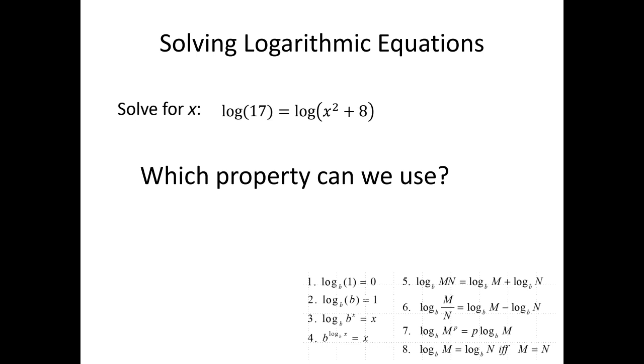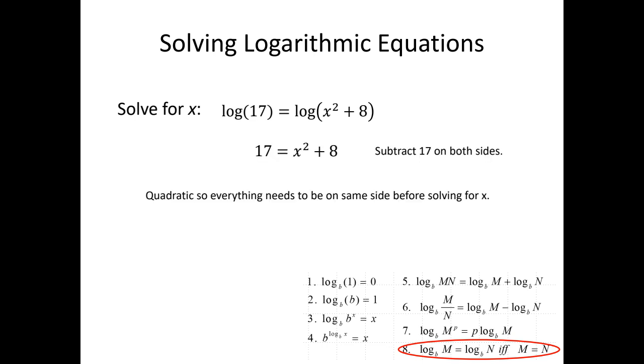So we can use our one-to-one property because we have a log of base 10 on the left equal to another log of base 10. For these two logs to be equal to each other, the inputs have to be equal to each other. So that's what I'll do to solve. I'm going to put 17 is equal to x squared plus 8. I see that I have a quadratic, so I'm going to subtract 17 on both sides.